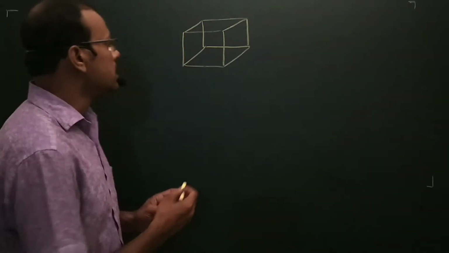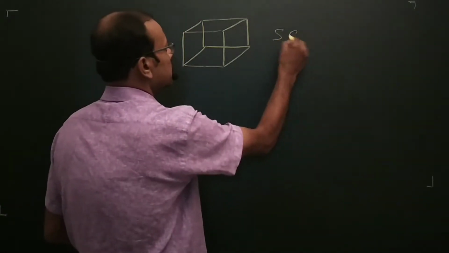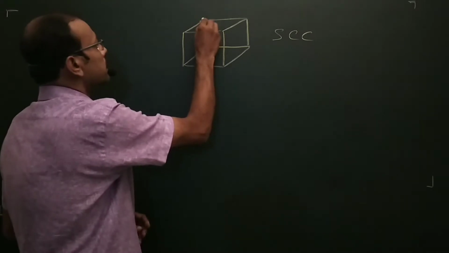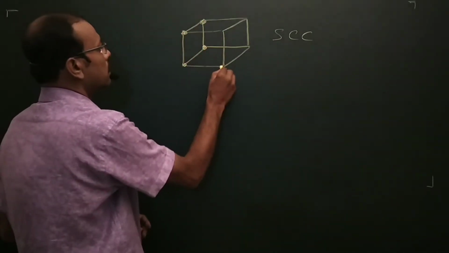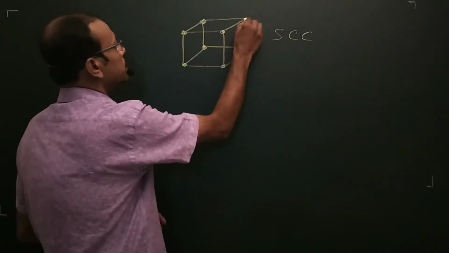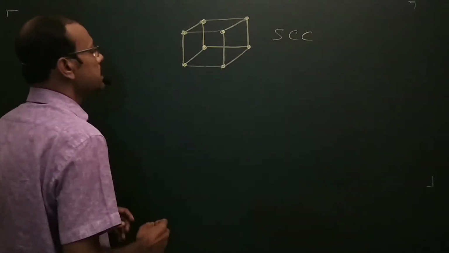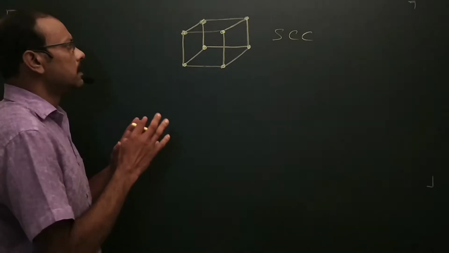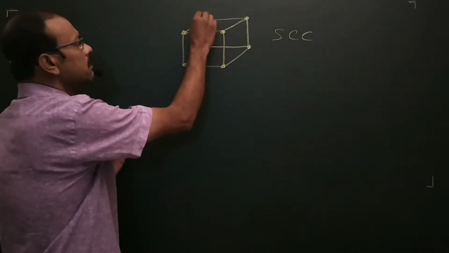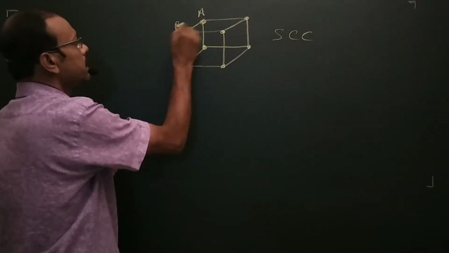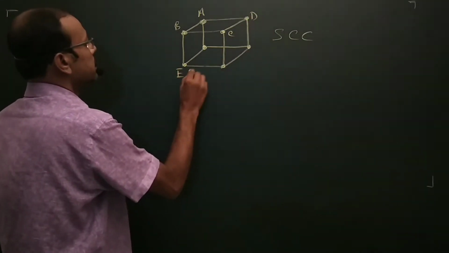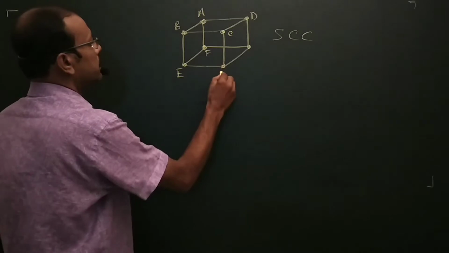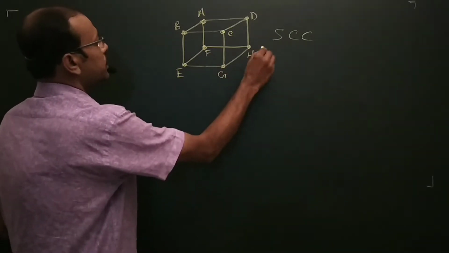Now for SCC, the simple cubic unit cell, there are particles at the corners of the cube. I am naming these corners A, B, C, D, E, F, G and H.